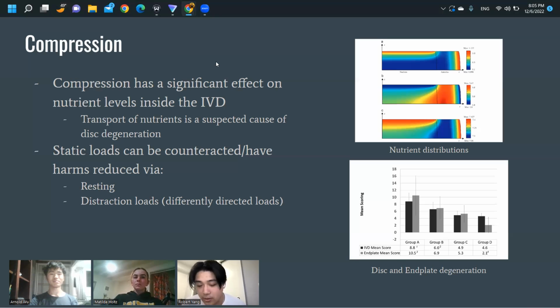Group A is just a static load, Group B is a static load combined with rest, and Group C is a static load combined with distraction loads, which are differently directed loads. Group D is a control. But the main takeaway is that static loads really do harm the intervertebral disc.